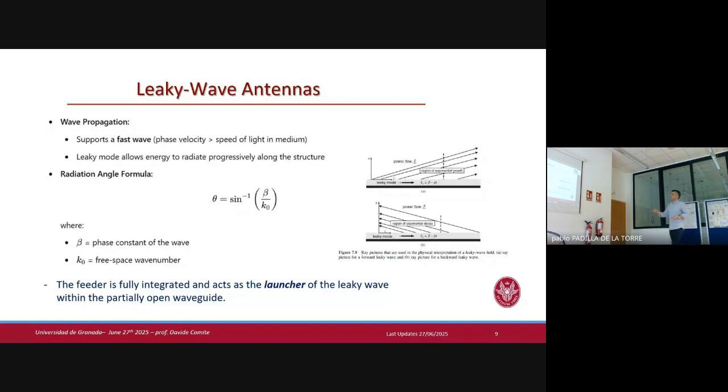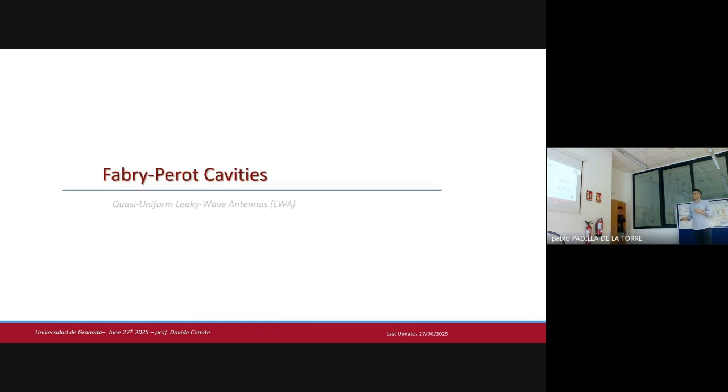So if you are propagating in this way, and at a certain frequency you have a certain phase constant, you will point in this direction. Otherwise, you will point in this direction, or in this direction. Typically, the direction orthogonal to the direction of propagation of the wave is the broadside. So there are two possibilities, at least the most important, to design a Leaky-Wave antenna.